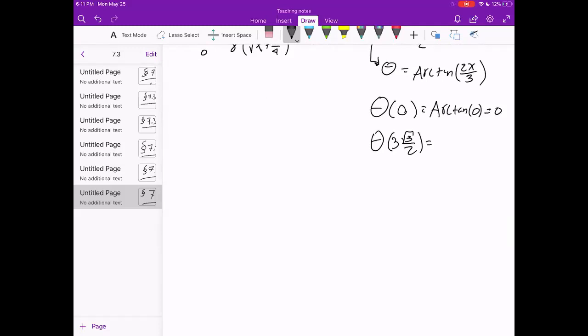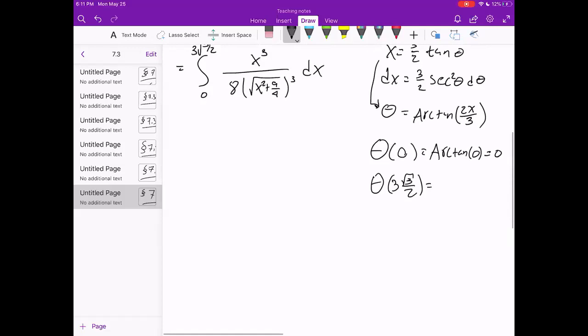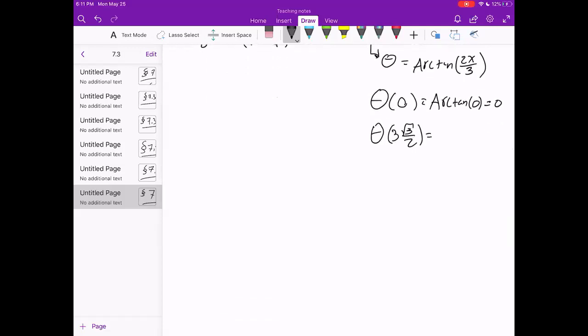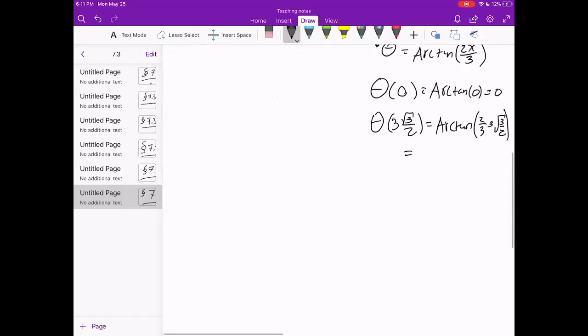Then the theta for 3 radical 3 over 2. Theta is the arctan of 2x over 3, so this is the arctan of 2/3 times 3 radical 3 over 2. And just keep simplifying, so this is the arctan. The 3's cancel and I get 2 radical 3 over 2.